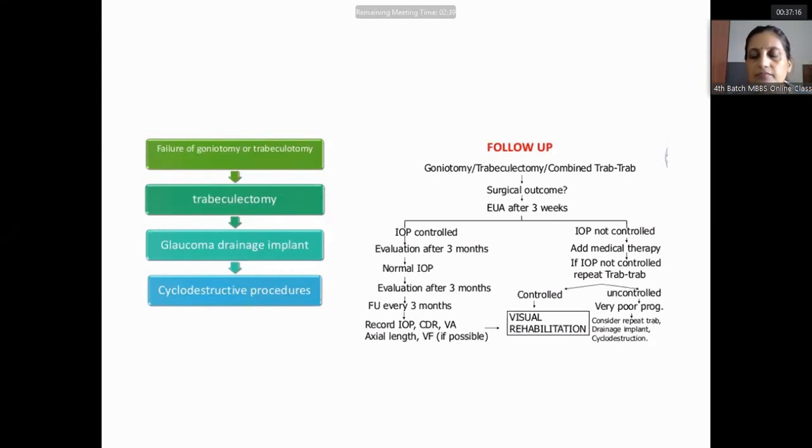If IOP is not controlled, we have to add other anti-glaucoma medications, and we go for a second set of surgery. And if the visual prognosis is poor, then we go for the drainage implant and cyclodestruction, and visual rehabilitation by other means.